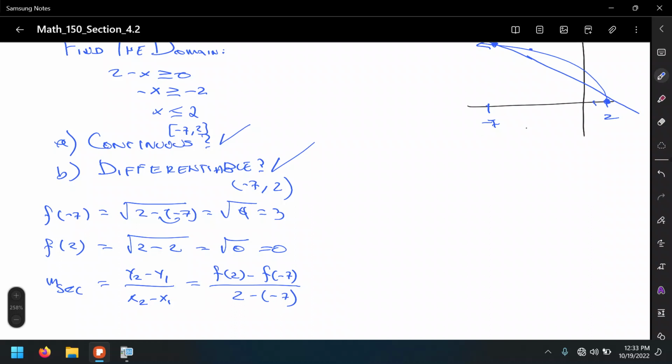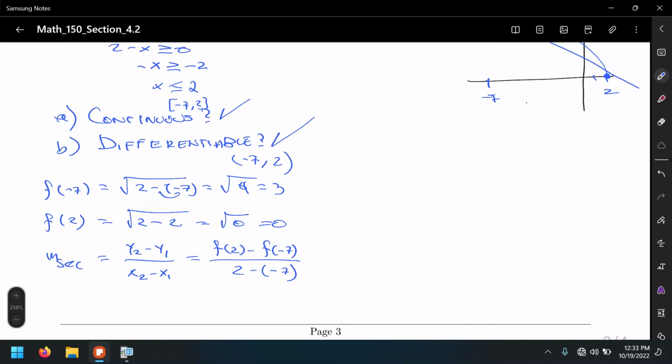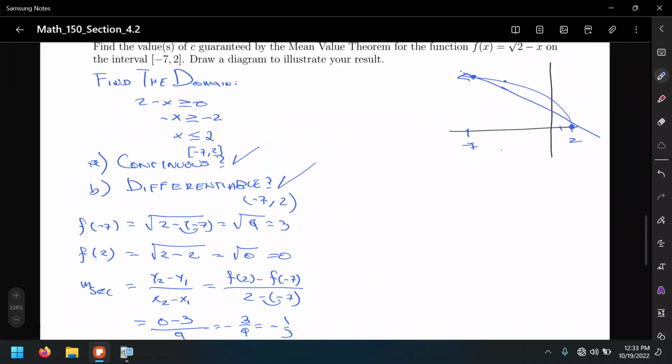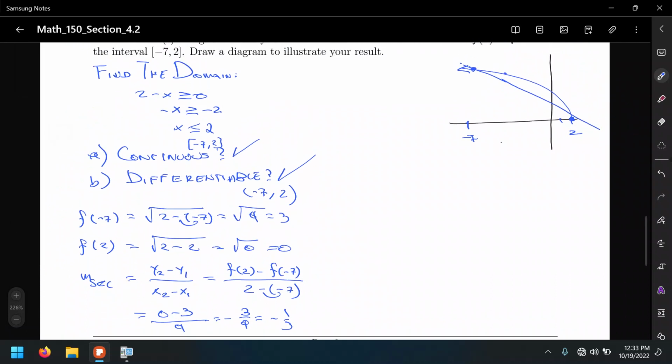Careful with the negative sign. So that's 0 minus 3 over 2 plus 7, which is 9, so -3 over 9, which is -1/3. And indeed, this checks with our graph, right? We have a secant line with a negative slope.